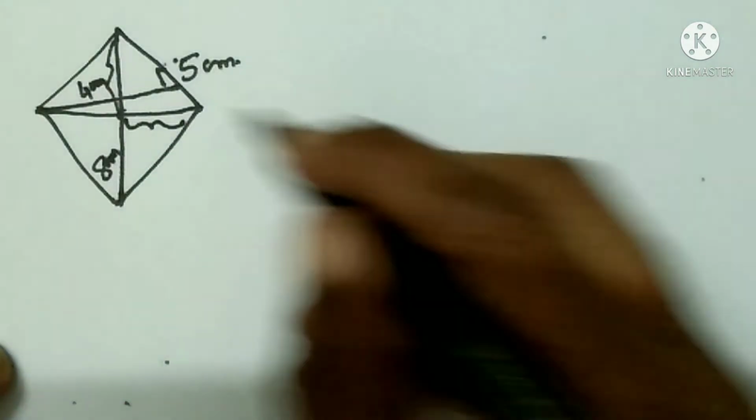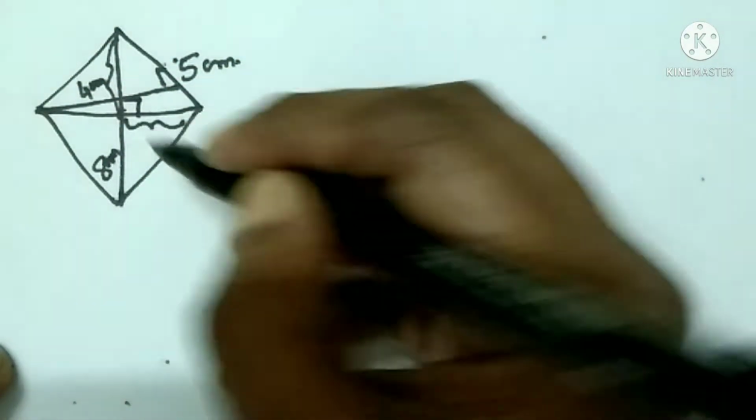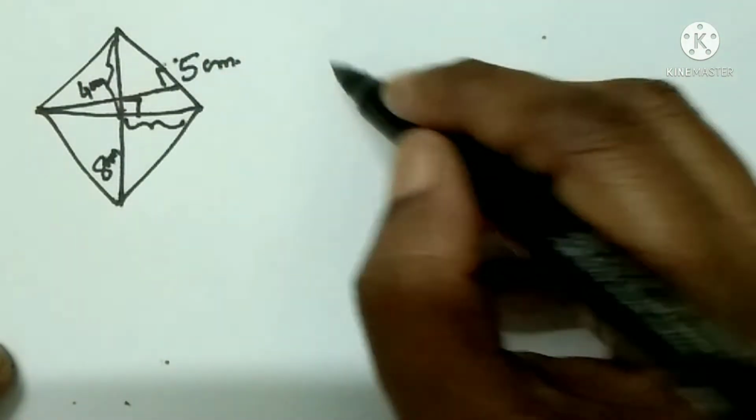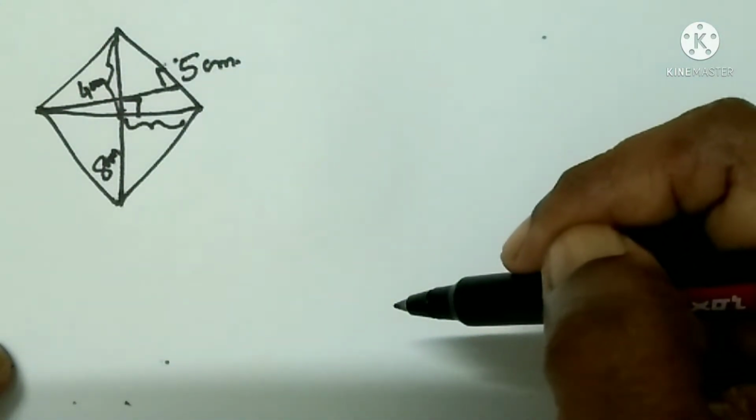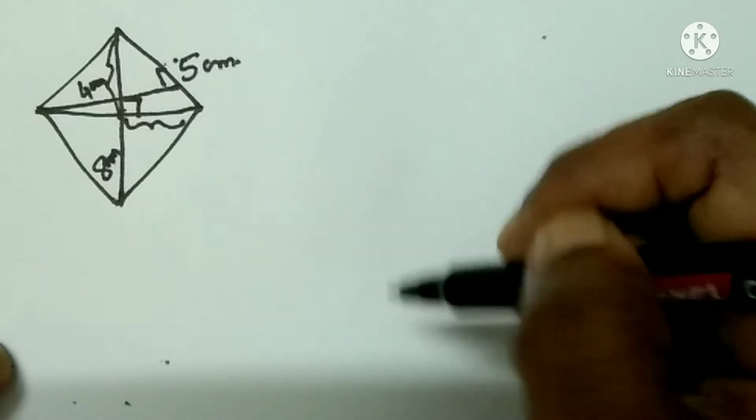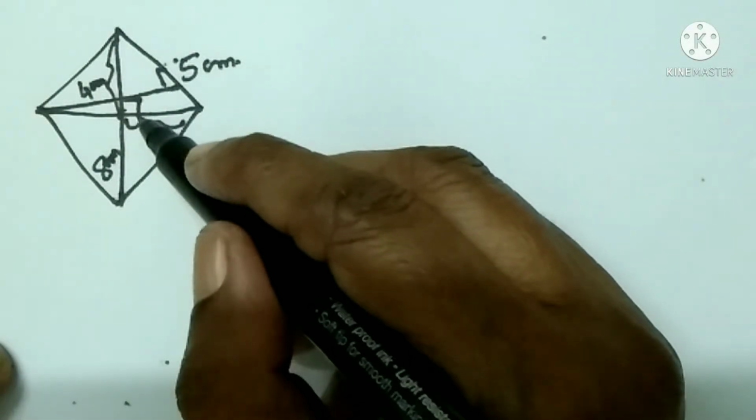How to find the other diagonal? Now we know that in a rhombus the diagonals bisect each other at 90 degree. So here this angle is 90 degree.